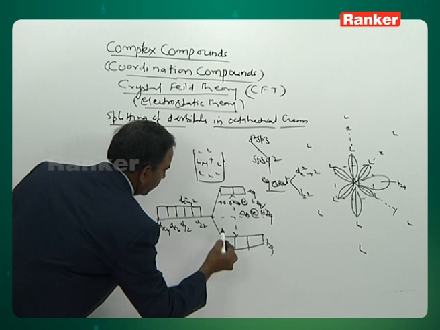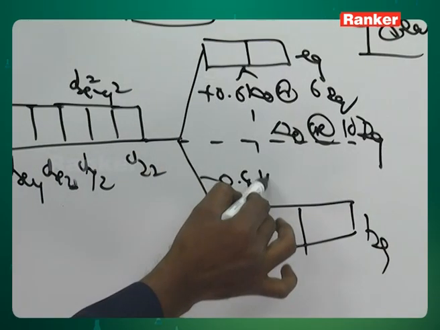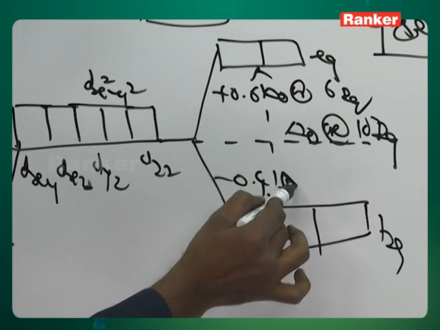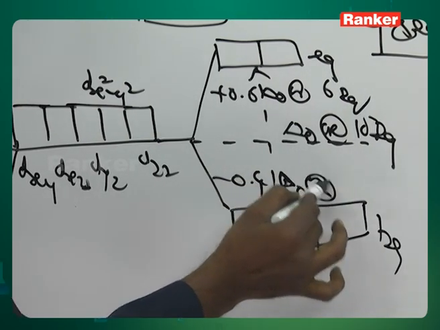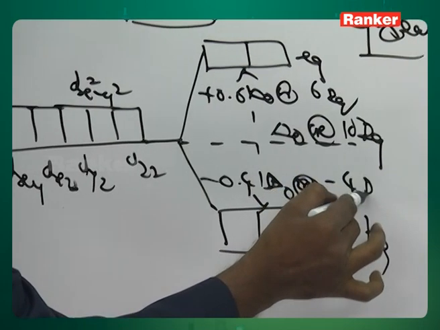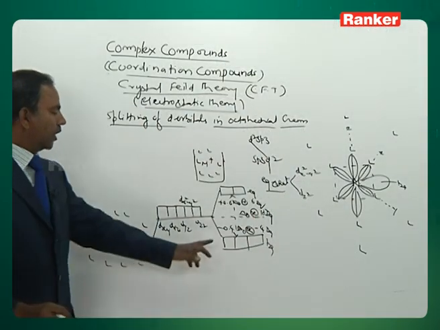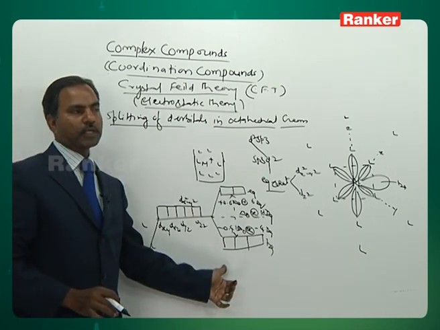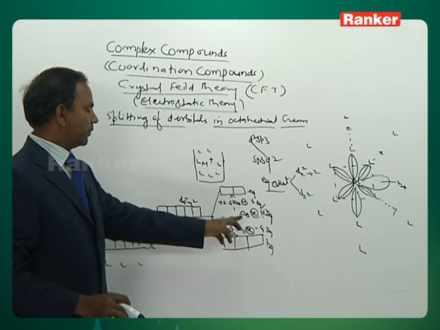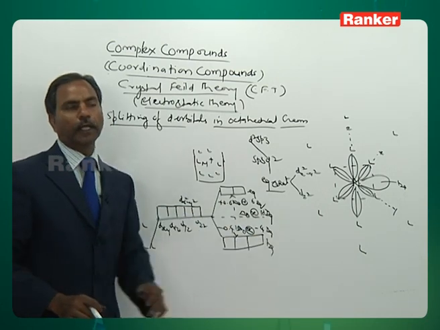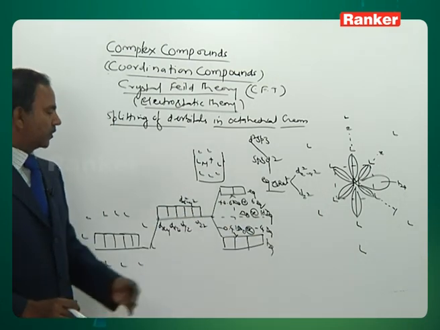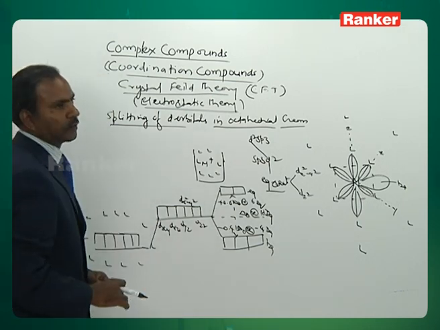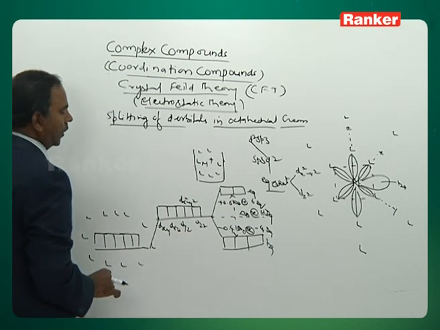Here the decrease will be minus 0.4 delta O, or minus 4 Dq, and the total energy difference between the lower energy level and higher energy level is given by delta O or 10 Dq. This particular energy difference we call the d orbital splitting energy for octahedral geometry.